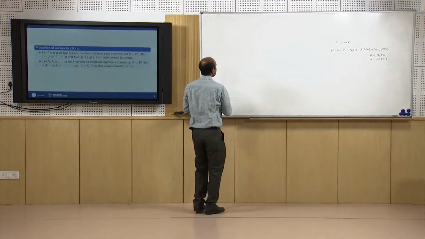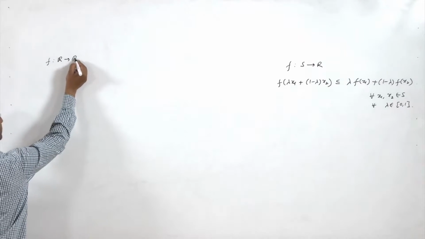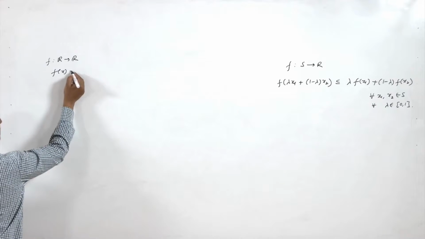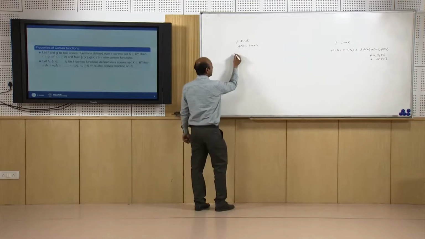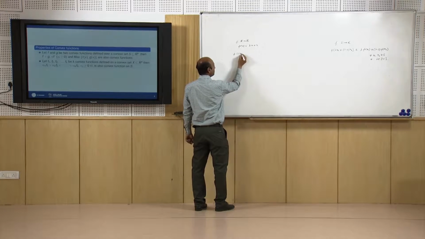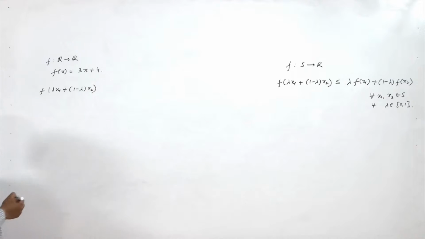Suppose, a very simple example, f x equals 3x plus 4, and we have to show that it is a convex function. Again, you take lambda x1 plus 1 minus lambda x2 for any x1, x2 in R and lambda between 0 and 1.